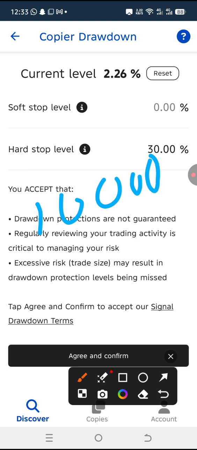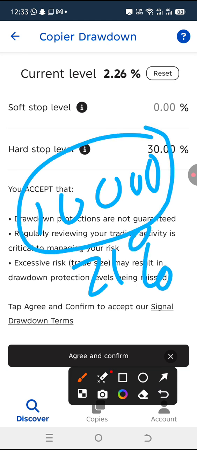So by the time this particular master trader is picking his own stop loss to be 21%, that is your own entire capital if you're trading $100.